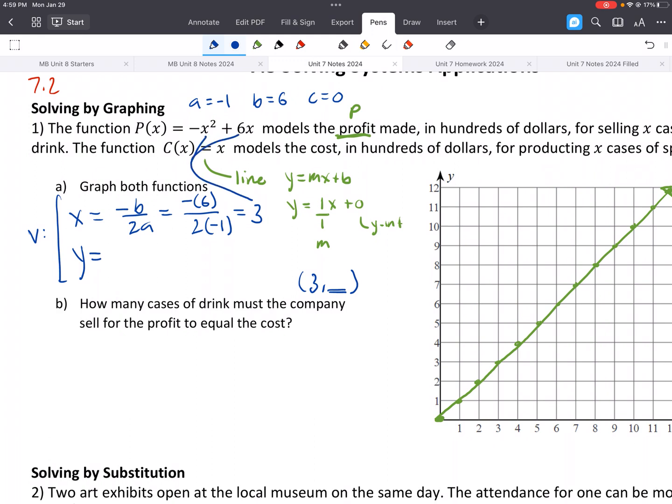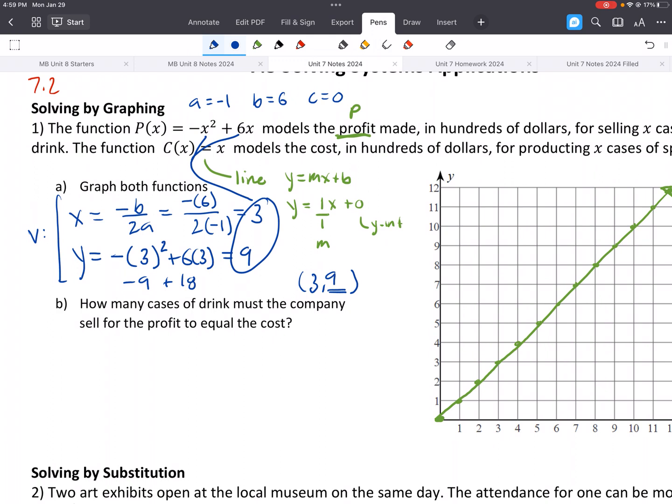Again, it has to be the quadratic, the equation you used for your x. So we'll do negative 3 squared, plus 6 times 3. That is negative 9 plus 18, which is 9. So this is your vertex, 3 comma 9.